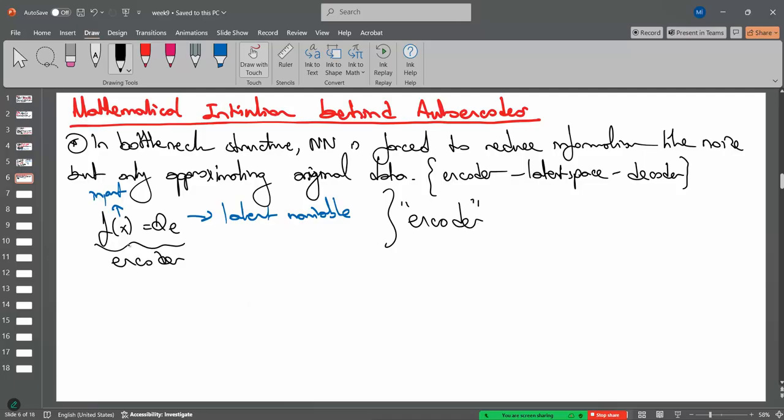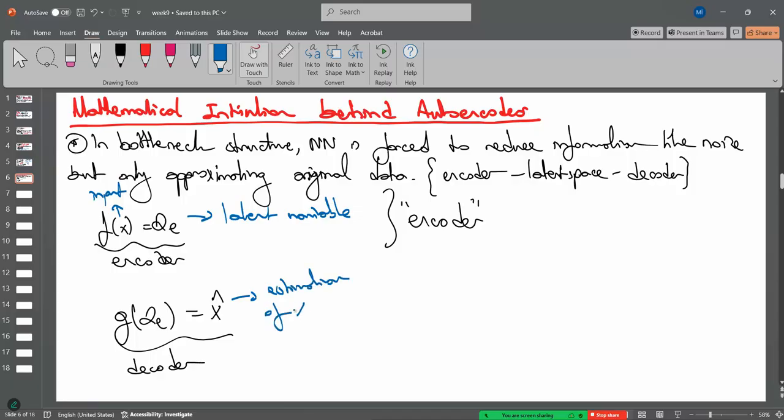And what about this one? We can use these theta_e values to generate the x. And so this is the decoder. Okay, and so this x hat is the estimation of x.